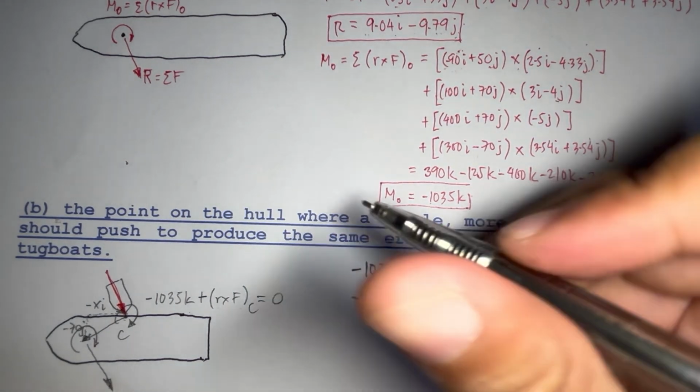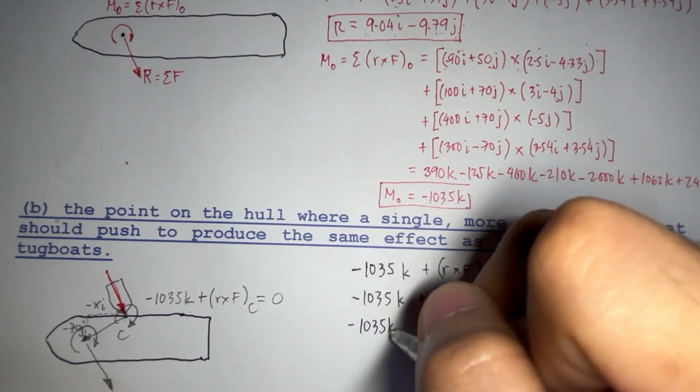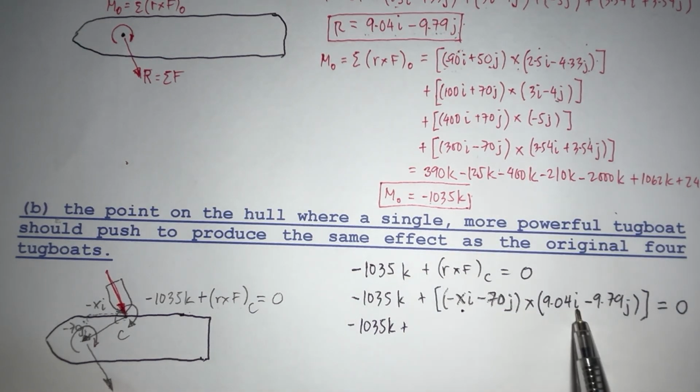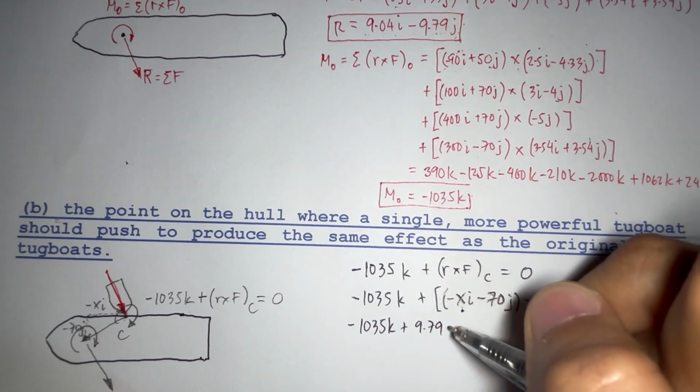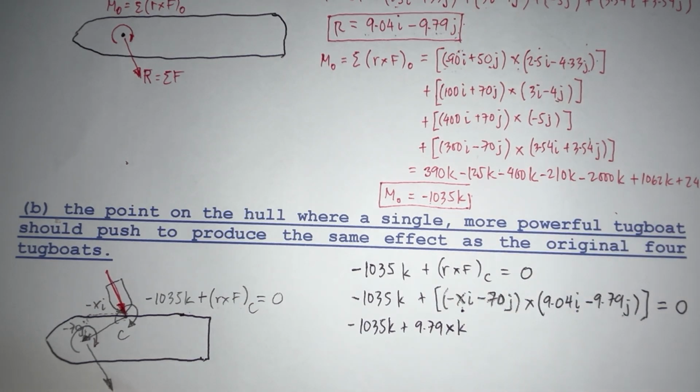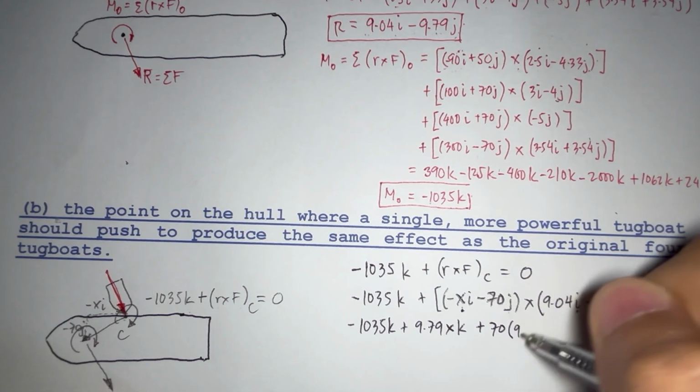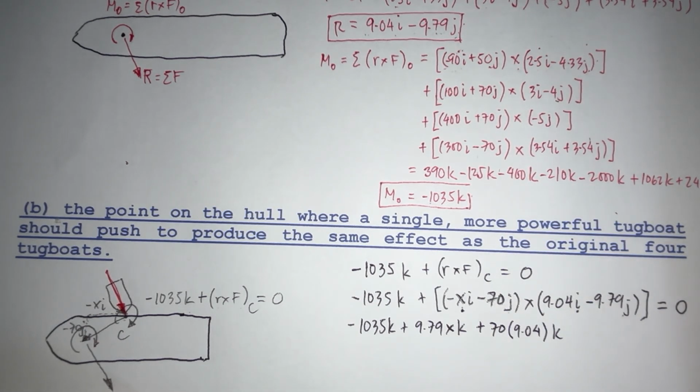So let's expand. We have negative 1035k plus i cross i, which is 0. i cross j is positive k, and negative times negative gives positive, so we have positive 9.79x k. Then we have negative j cross i, which is positive k, so we have positive 70 times 9.04 k, equal to 0.